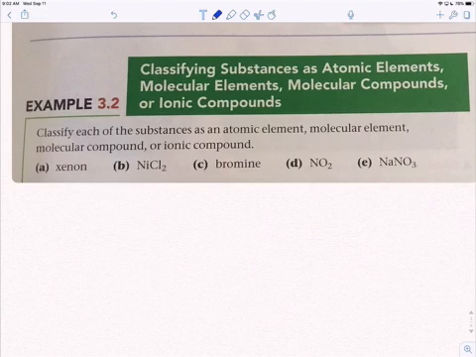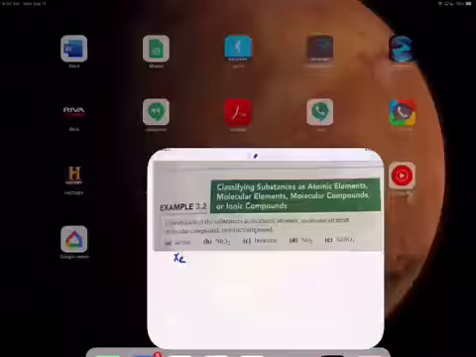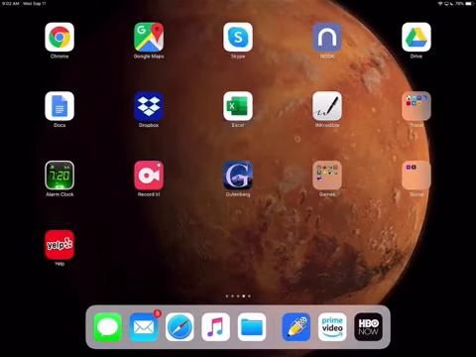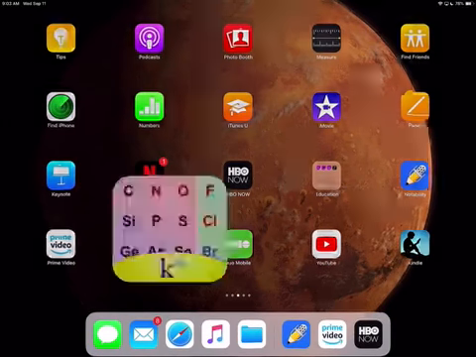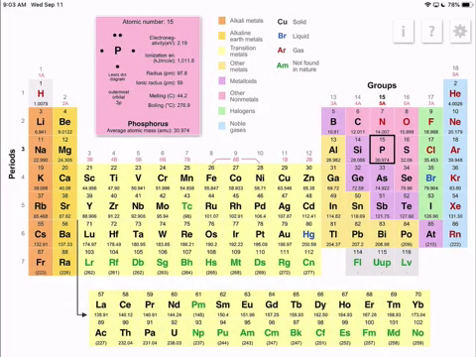As far as which elements are just going to be by themselves, noble gases are one. Xenon is a noble gas. Noble gases, all these here, are going to exist as atomic elements.